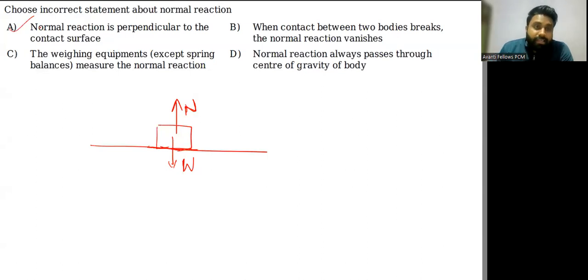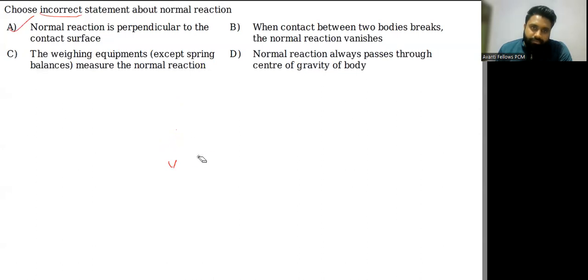But we have to find the incorrect statement. So do not make this silly mistake. Just check the A. Now, option C: weighing equipment except spring balances measure the normal reaction. Yes, of course. If you are standing on a weighing machine, only your normal reaction is measured.